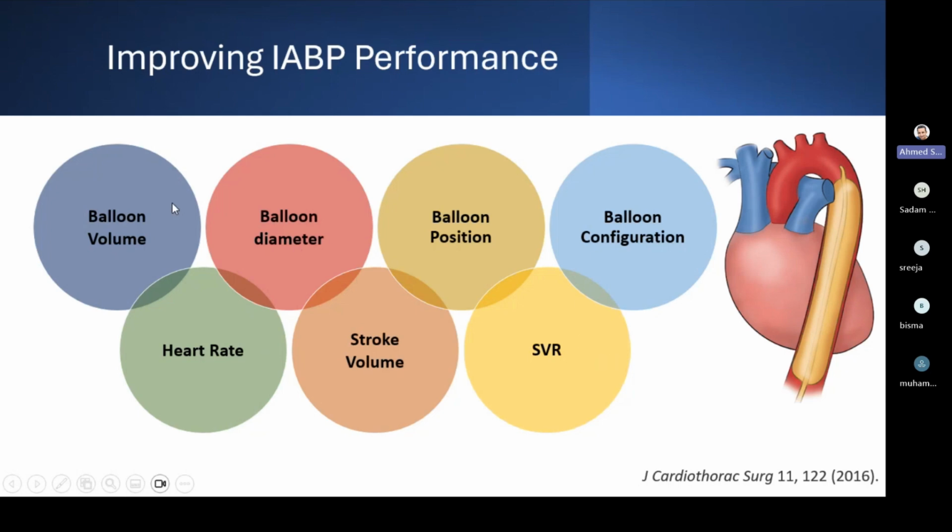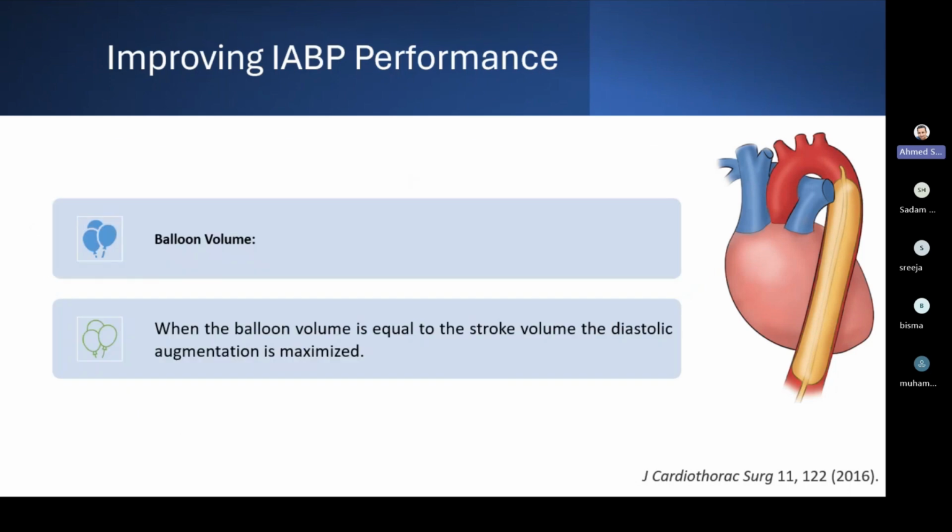The factors related to the balloon are the balloon volume, the balloon diameter, the position of the balloon, and the balloon configuration, like the augmentation percentage and the timing. The factors related to the patient are the heart rate, the stroke volume of the patient, and the systemic vascular resistance.